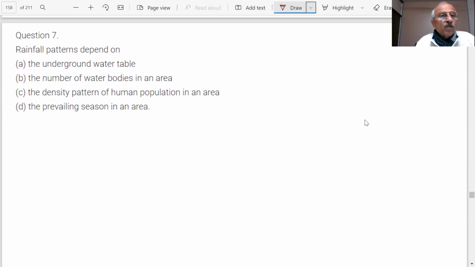Next questions are coming, student. The rainfall pattern depends on underground water table, number of water bodies in an area, density of the human population, prevailing season in an area. What do you think is the appropriate correct answer for this question, students?